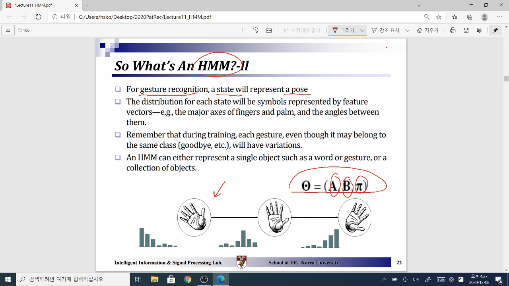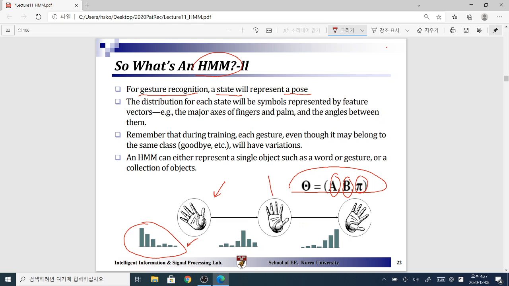So in the case of, say, gesture recognition, a particular state will represent a pose. For example, here, this is a hand waving gesture as an example in terms of motion taking place. With this particular pose or state, let's say the distribution of the feature would look like this, where the direction of the fingers is represented by this.